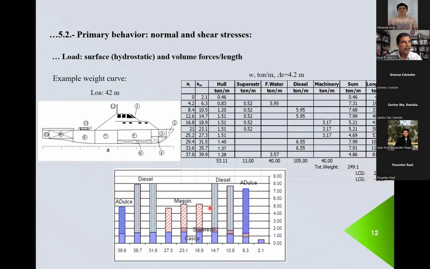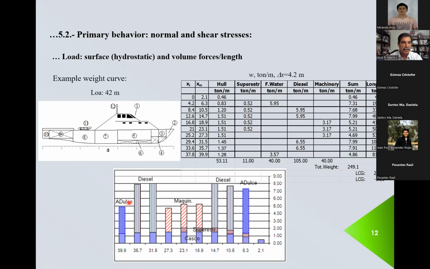So this is the distribution of the weight, these numbers. But here I added each one of the components. You see the hull changes like that, then it's constant, and then starts reducing. We have diesel here and here, machinery in the central part, fresh water here and here, and the rest is superstructure. It's a small amount.